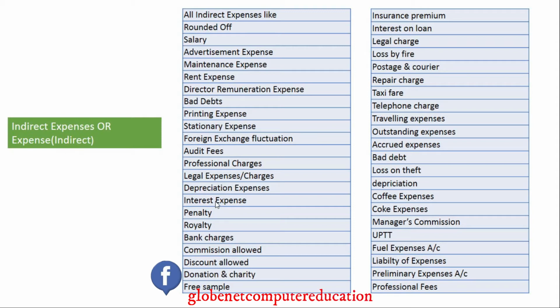Then we have legal charges, coffee expenses, fuel expenses, liabilities of expenses. Then we have preliminary expenses, professional fees, legal expenses, depreciation, interest expenses, penalty, royalty, advertisement expenses, maintenance expense. Then we have rent expenses. This all comes under indirect expenses.